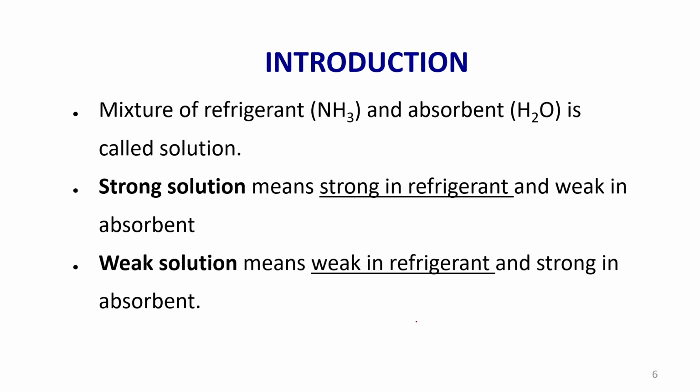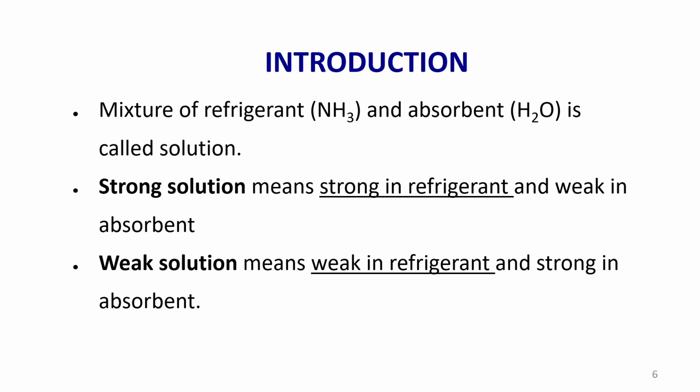It can be strong in either one only. If it is strong in refrigerant, it will be weak in absorbent. If it is weak in refrigerant, it will be strong in absorbent. So, strong solution means strong in refrigerant and weak in absorbent. Weak solution means weak in refrigerant, so obviously, it will be strong in absorbent.